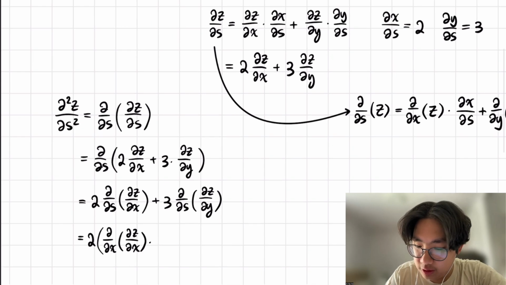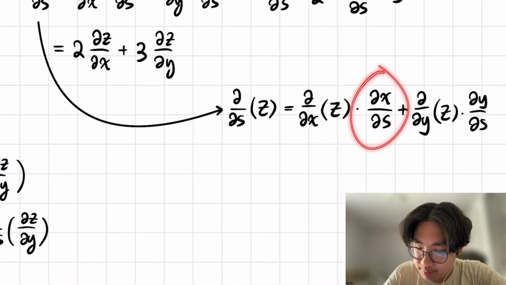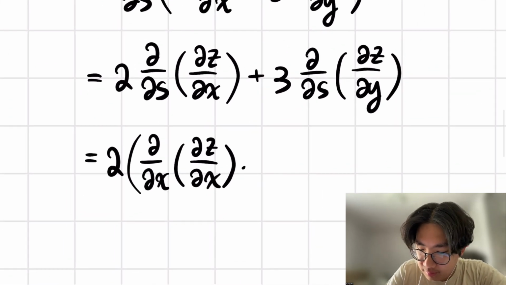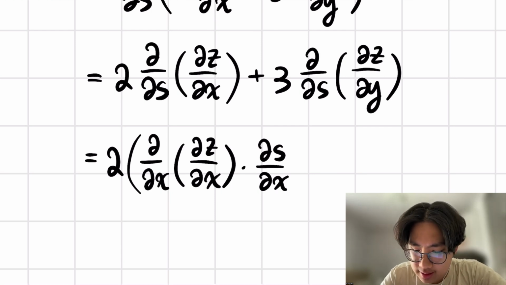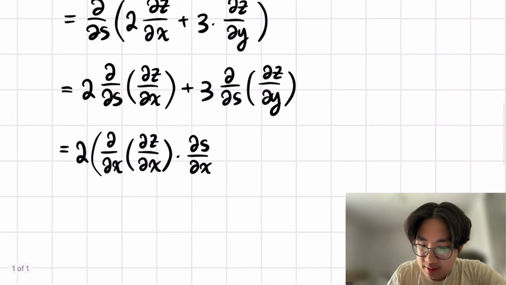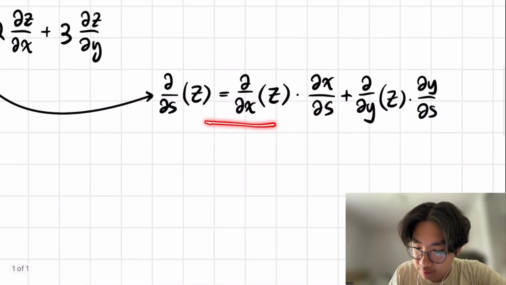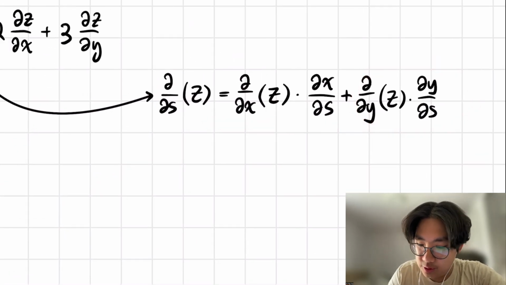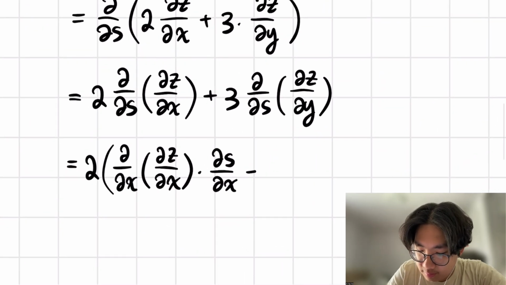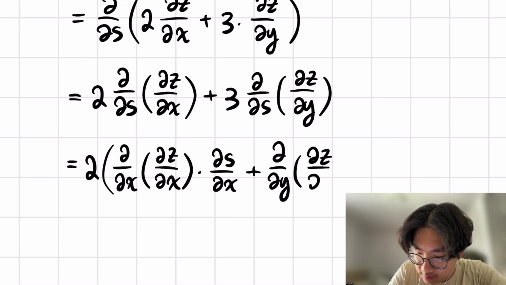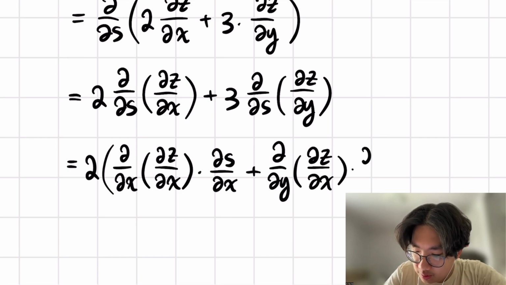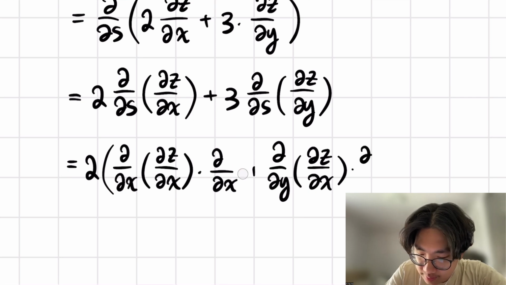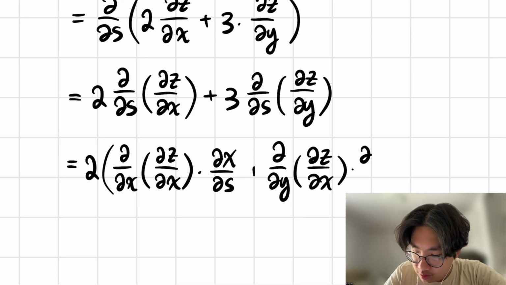Again, and we're multiplying this by partial x, partial s, which again is just equal to 3, but I'll rewrite that in the next step. And then, so that's again just this part over here. We still have this part over here, so partial y of partial z, partial x times partial y, partial s.